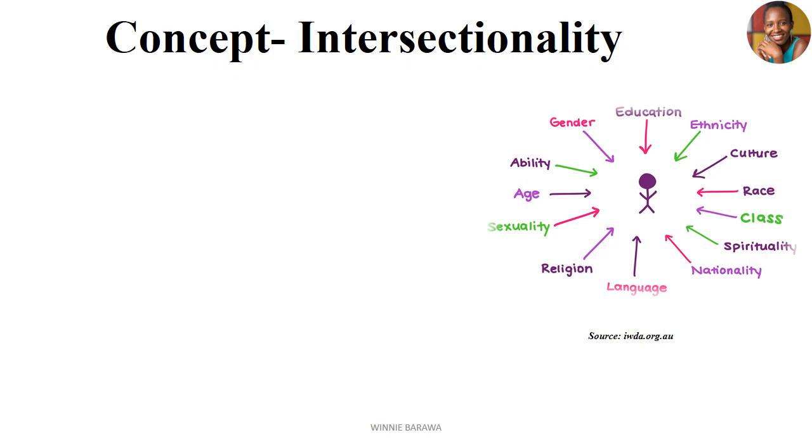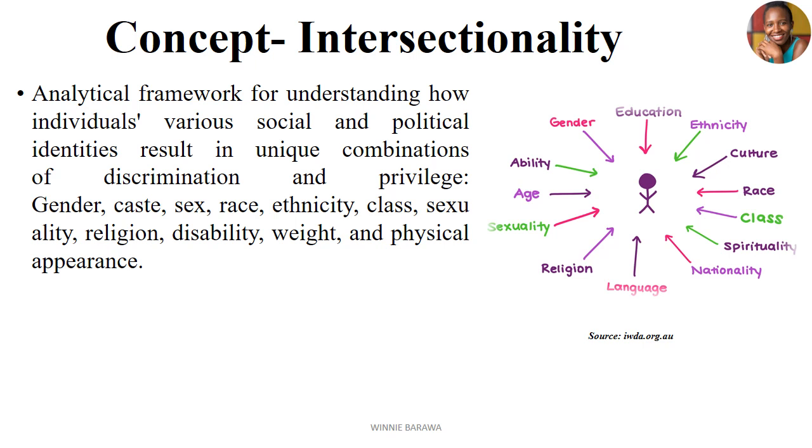And lastly, the other concept is intersectionality, which is a word that appreciates the different factors that contribute to the aspect of empowerment of women. In this aspect, it looks at how individual factors combined together can give someone either discrimination or privilege. So it weighs the different factors and identities that contribute to uniquely getting discriminated against or privileged.